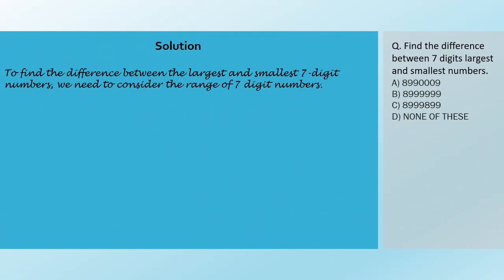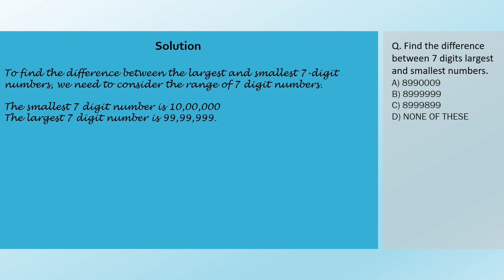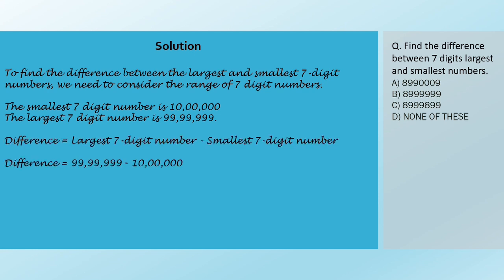Here we need to find out the smallest 7 digit number and the largest 7 digit number. The smallest 7 digit number is 1, and after that 6 zeros, and the largest 7 digit number will be 9, and then after that 6 more nines. Okay, so now let's find the difference between them.